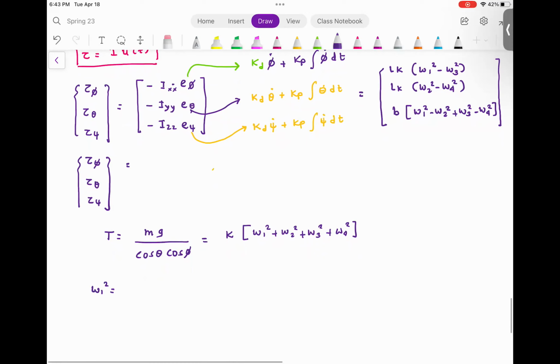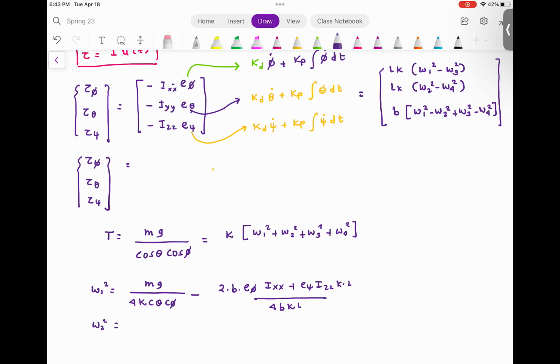Omega 1 square is mg, and that's why they say quadcopter control is simple, divided by 4k cosine theta cosine phi, minus 2b e phi Ixx plus e psi Izz k l, divided by 4 b k l.